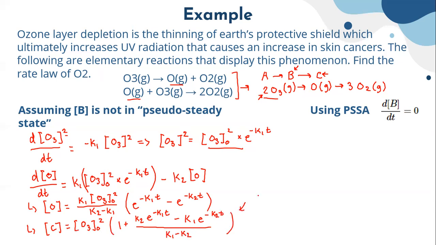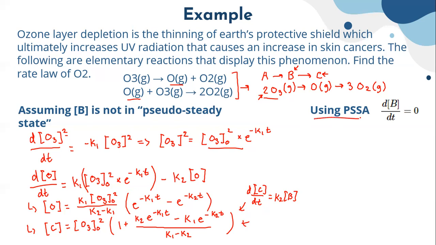And this, of course, is from the derivative of C equals K2 times B. And so this would be our final answer.